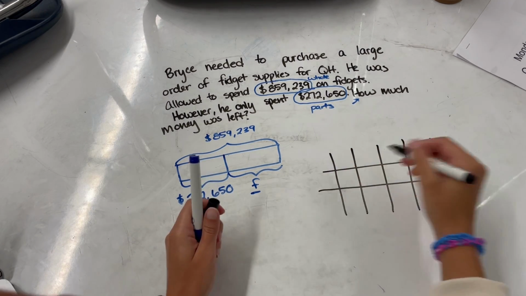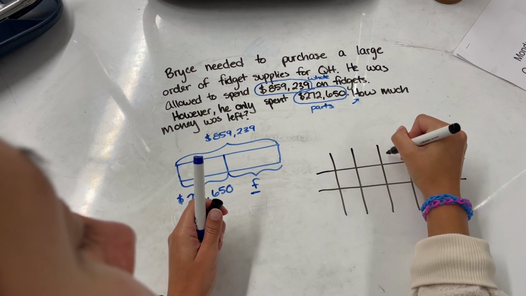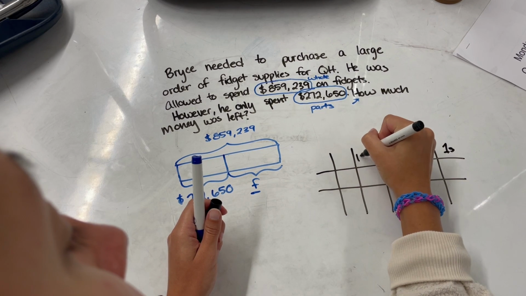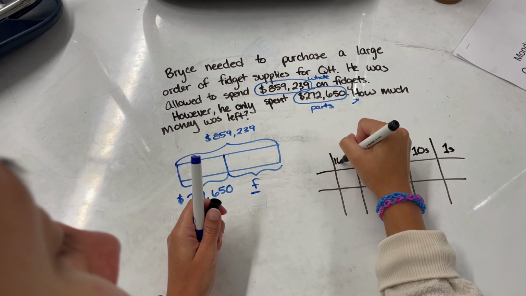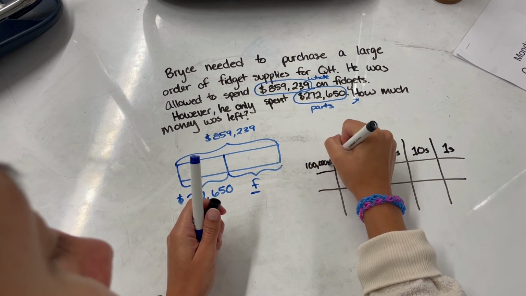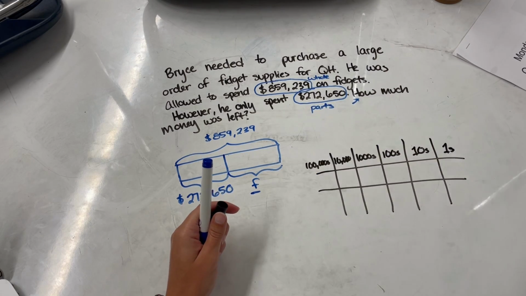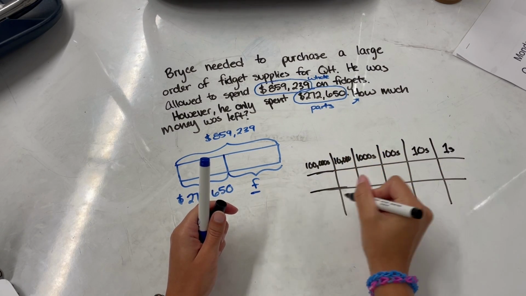Here I will put my ones, my tens, my hundreds, my thousands, my 10,000s, and my 100,000s. Notice how even when you don't have the paper printed for you, you can always make your own, okay?